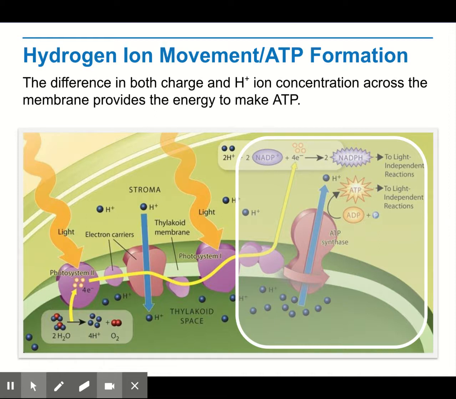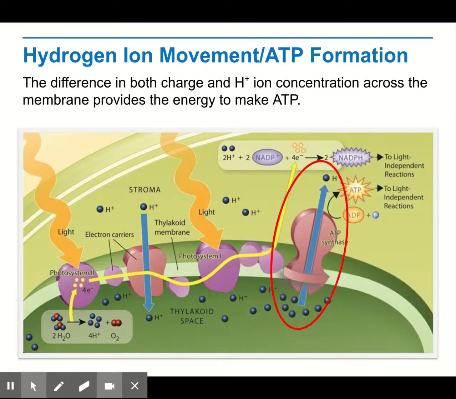The last part of the light dependent reactions is the formation of ATP. And so ATP is formed because at the very end of the light-dependent reactions, we reach this protein here. And notice how in the electron transport chain, hydrogen ions were being pumped into the thylakoid space.